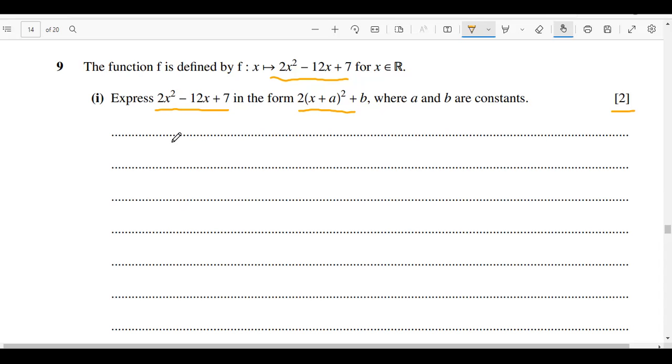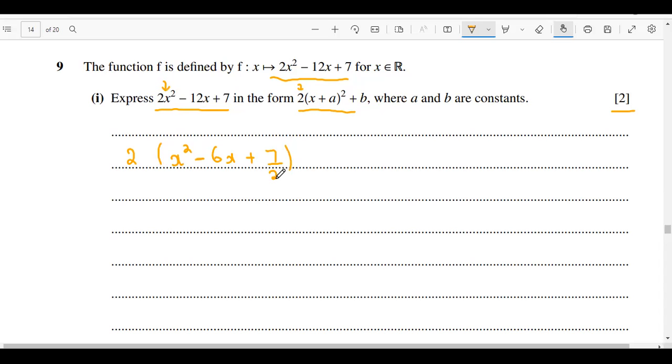Right, so the very first thing for completing square is that this x squared should be alone. So I'll take 2 common. That is why we have 2 outside here as well. I would be left with x squared minus 6x plus 7 by 2.